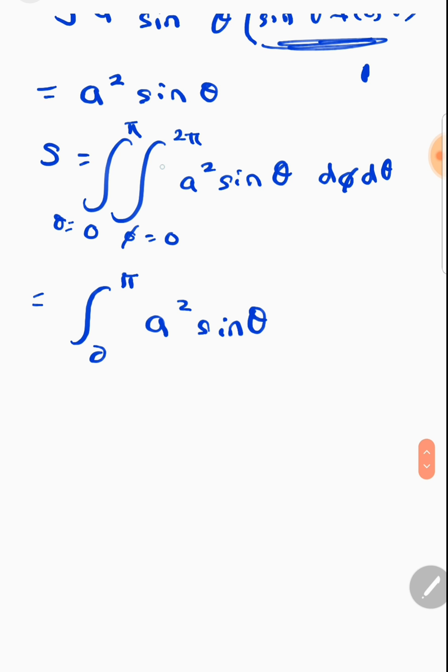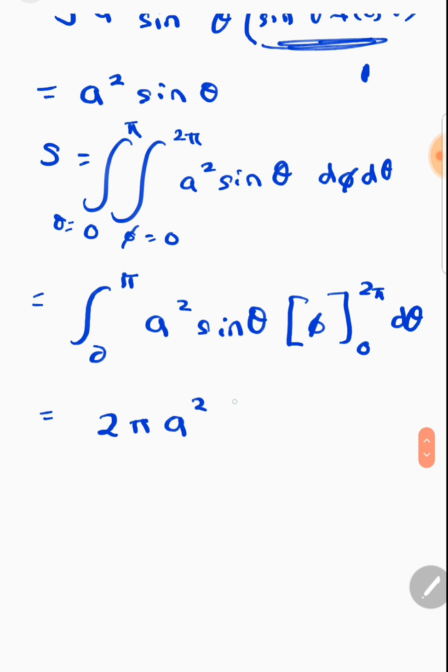Because I don't have any phi term here, all this is constant. That gives me this one, d theta, and of course I get 2 pi minus 0, which is 2 pi. 2 pi multiplied by a square, I will get 2 pi a square sine theta d theta.